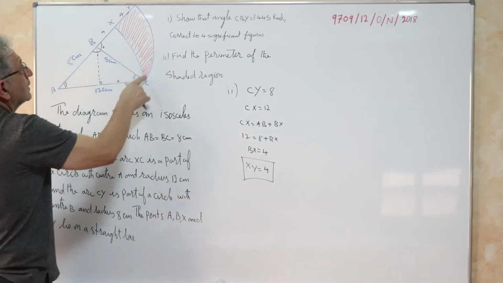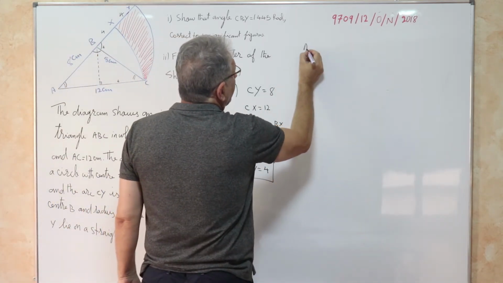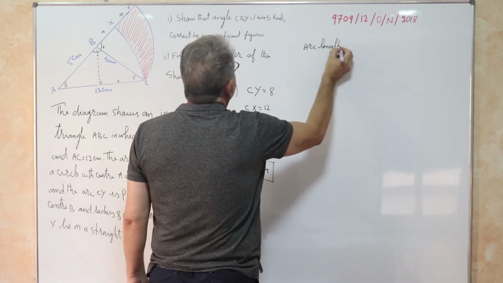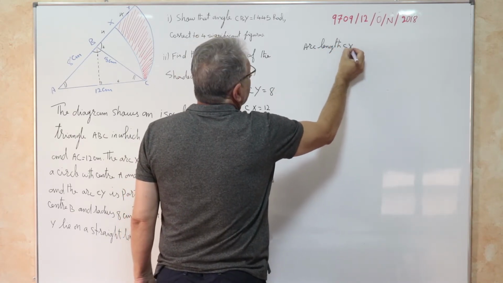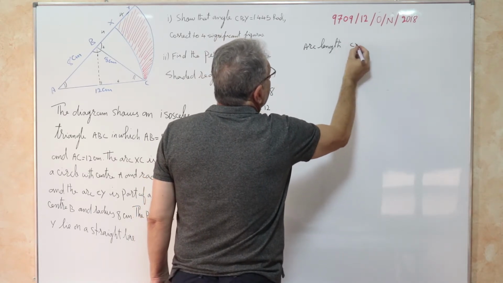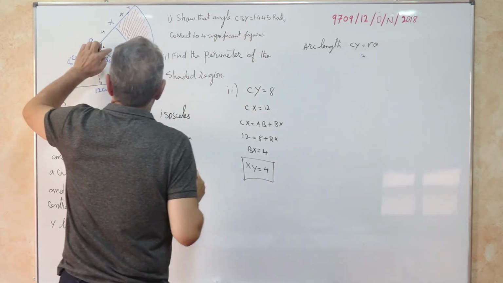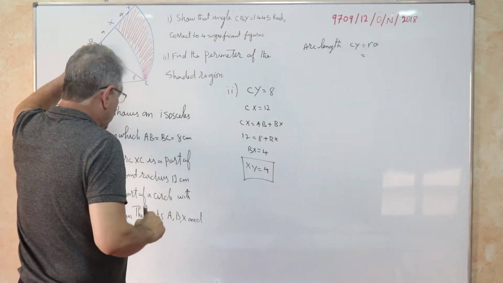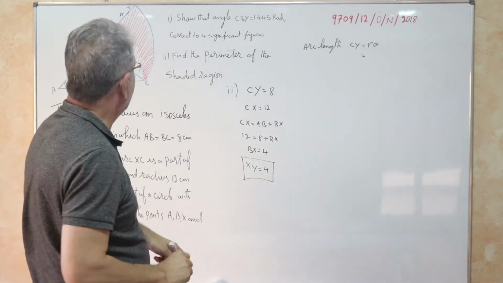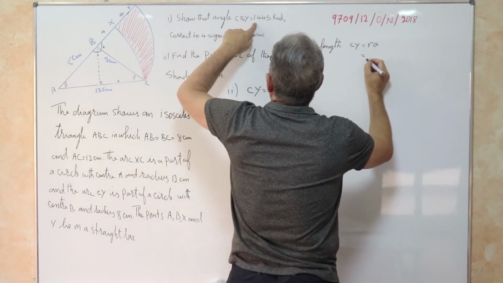To find CY, the arc length CY is equal to R theta. Theta we have already calculated, it is 1.445.